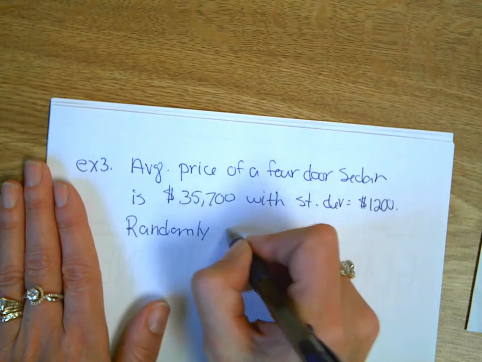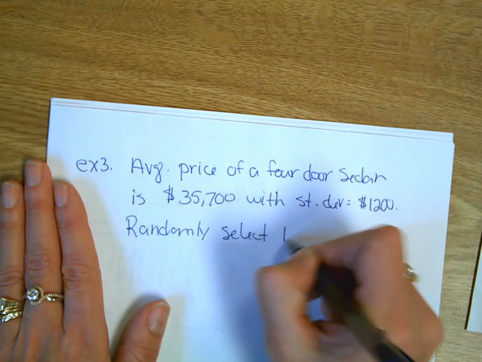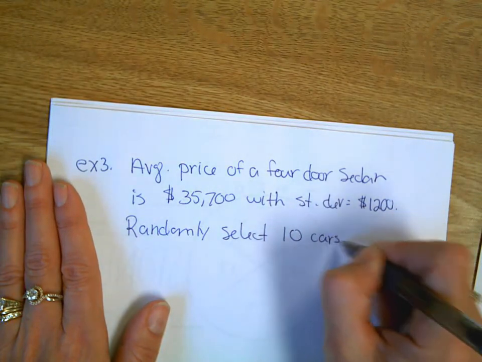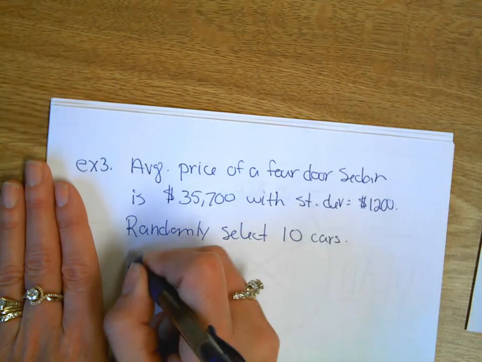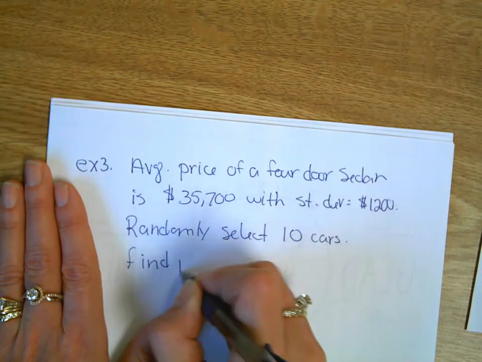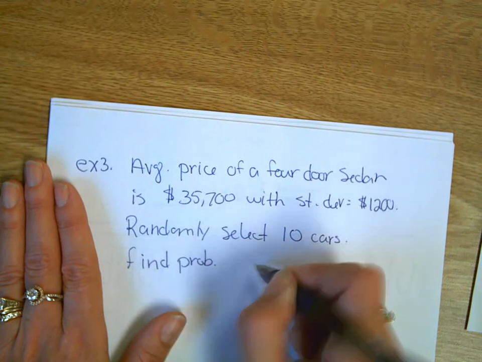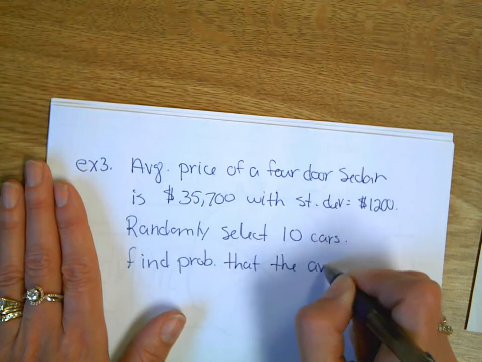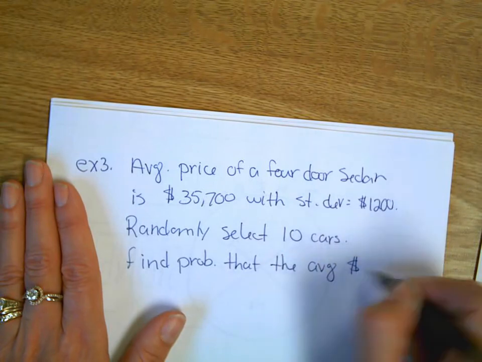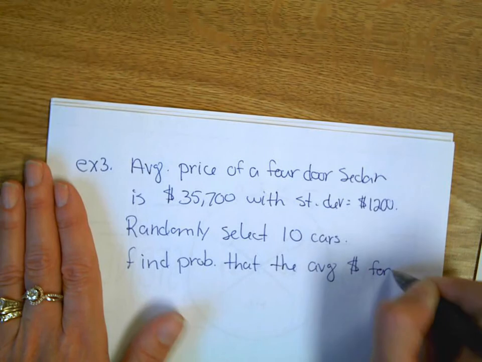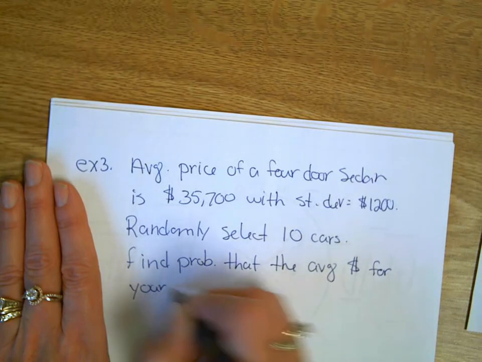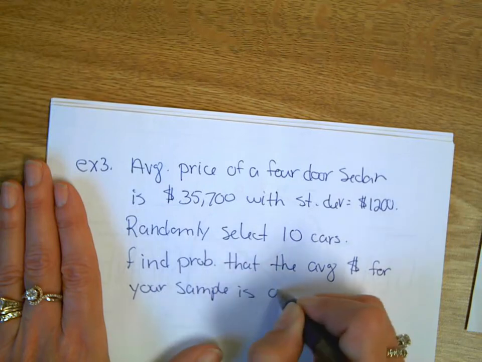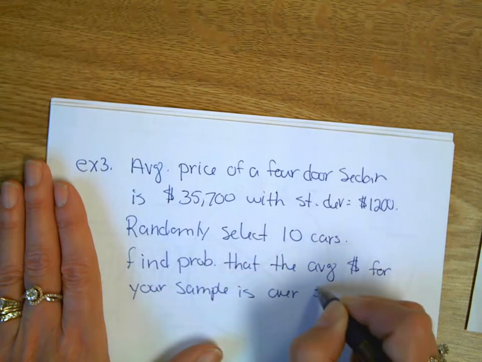You're going to randomly select 10 4-door sedans from this population. I'll just say 10 cars. Find the probability that the average price for your sample is over 36,000.